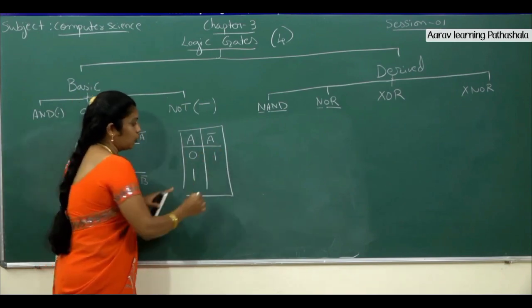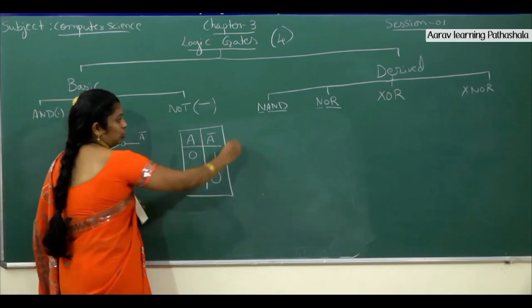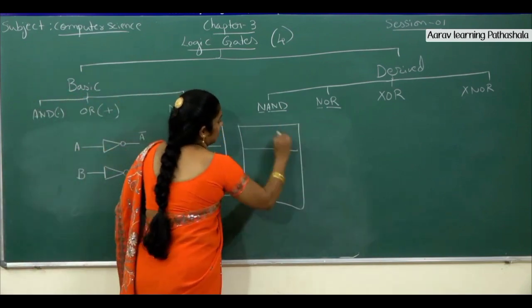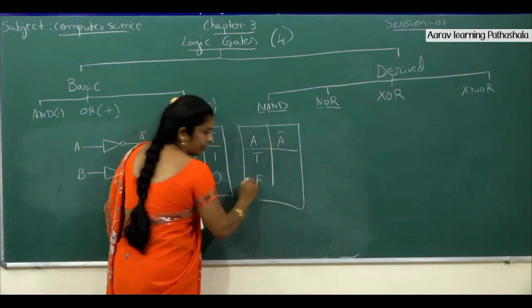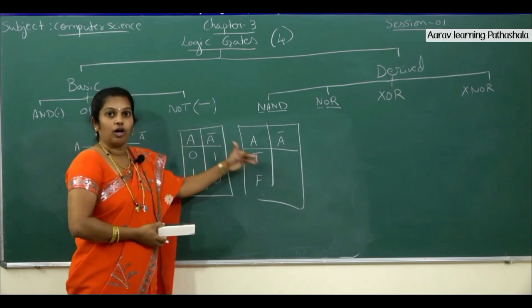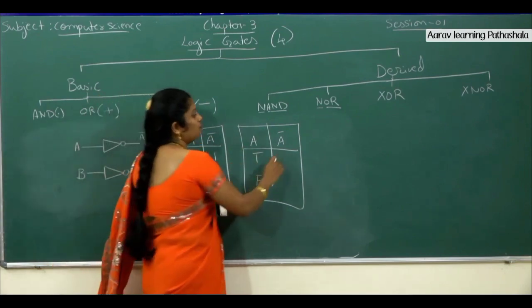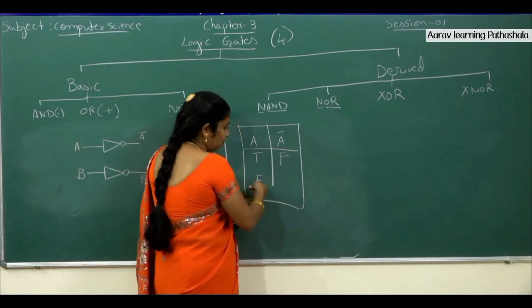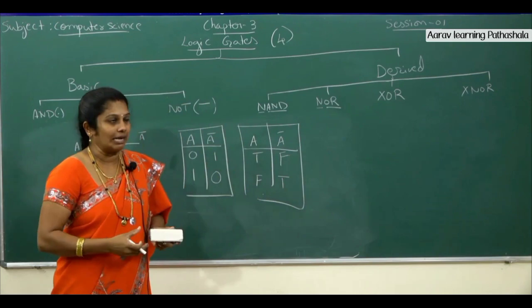If input is 1, the output becomes 0. If you want, you can write in another way also: in the place of 1 you can write true, and in the place of 0 you can write false. If input is true, the output becomes false. If the input is false, the output becomes true. Just reverse: NOT gate, inverting gate.